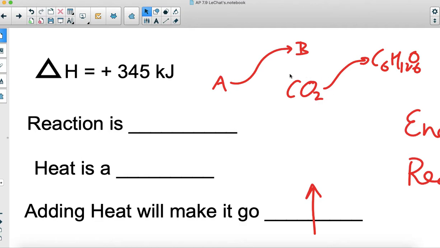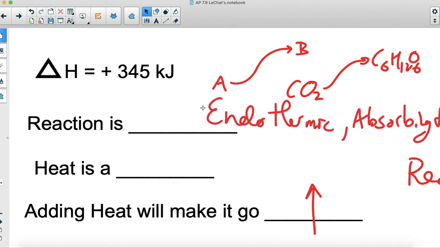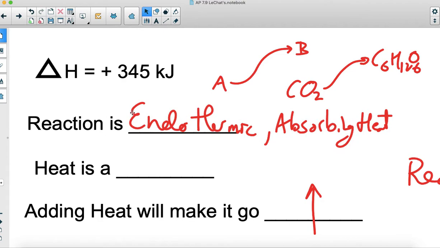Like when carbon dioxide goes through photosynthesis and turns into sugar, that is a more energetic molecule than what it was before. Okay? In this case, the reaction is endothermic. It absorbs heat. Heat is a reactant in this reaction.